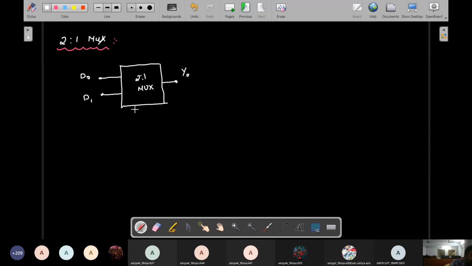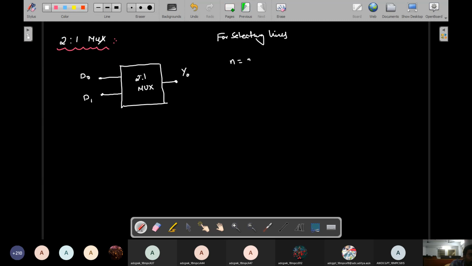Then how many selecting lines will be needed for this multiplexer? I want to find the selecting lines. What is the formula for finding the selecting lines?